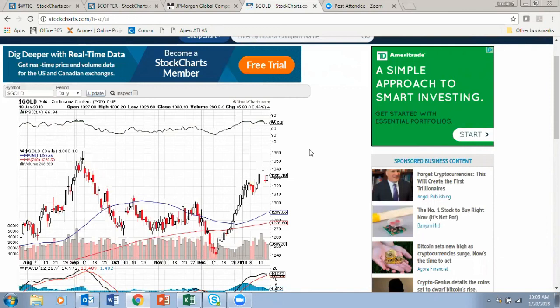So just to summarize, we are looking at globalized synchronized growth. We are looking at commodity demand starting to increase. Prices are increasing. We're looking at commodities' relative value to stocks at a 50-year low.